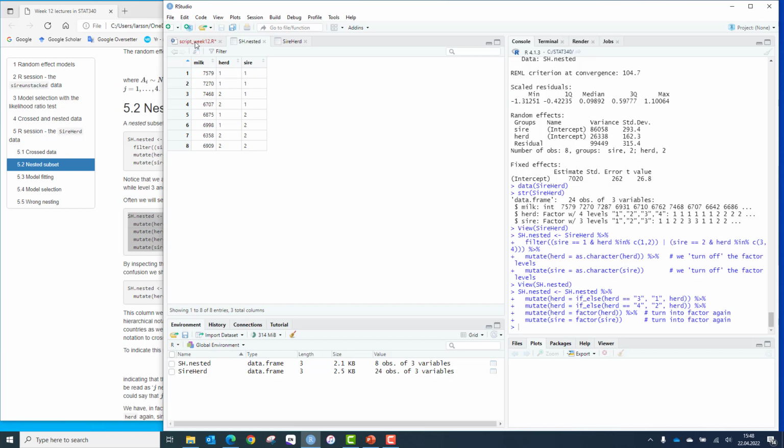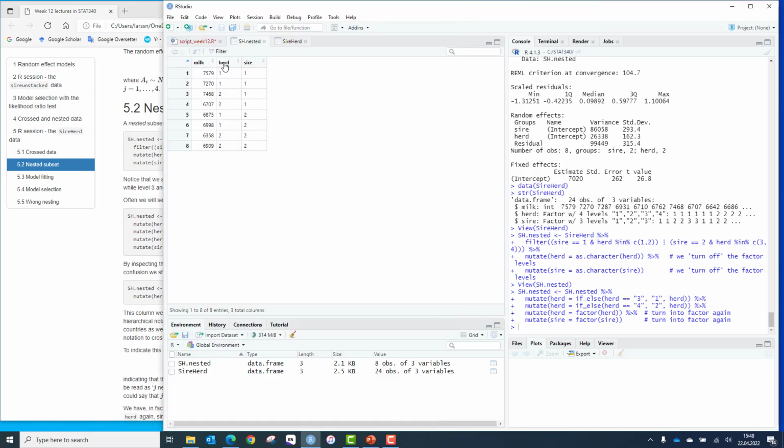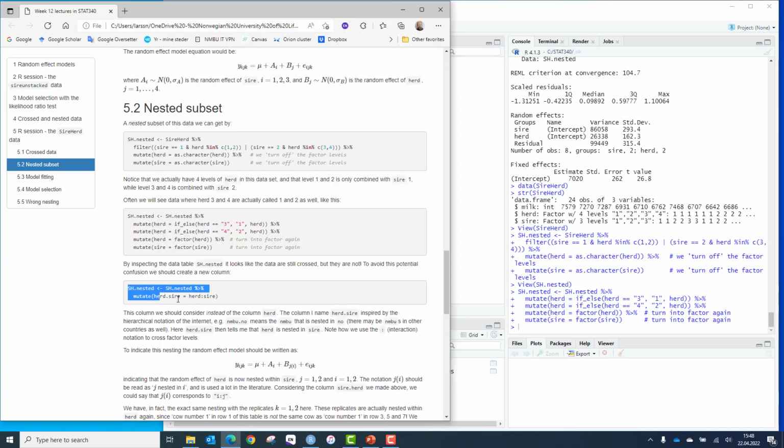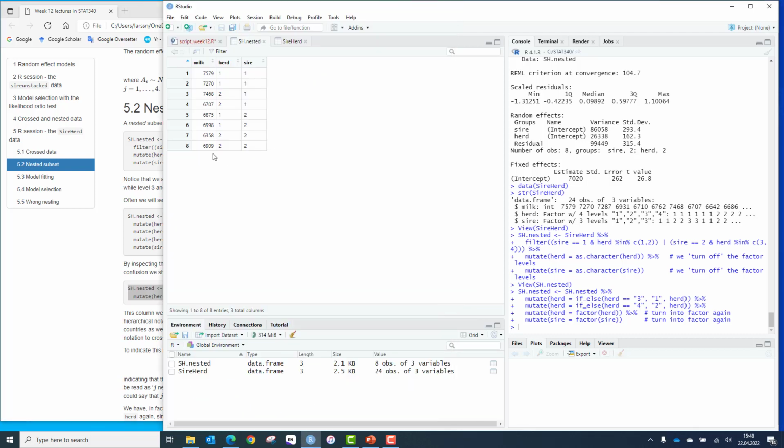And since we have this information, what I would do right away when I have a data table that looks like this, and I know that herd is nested in sire, is create a third column.